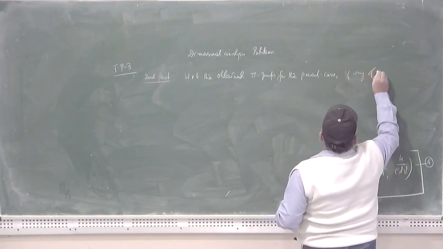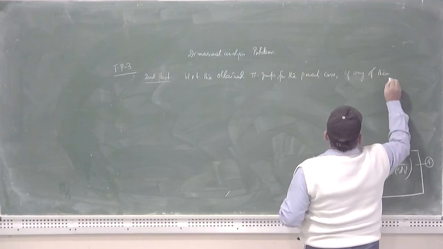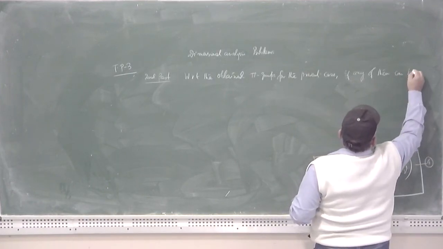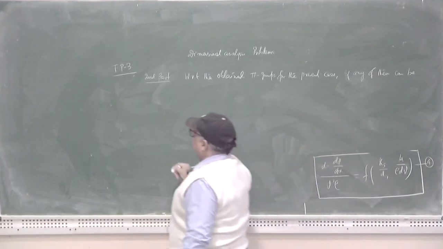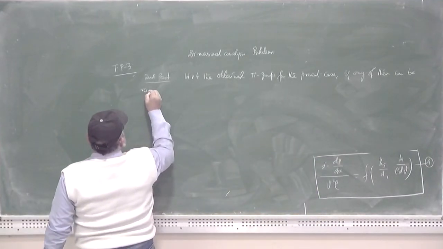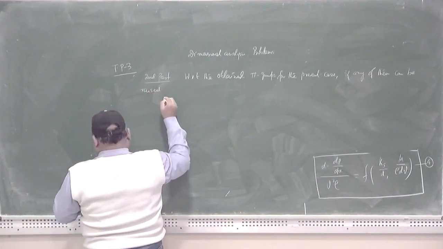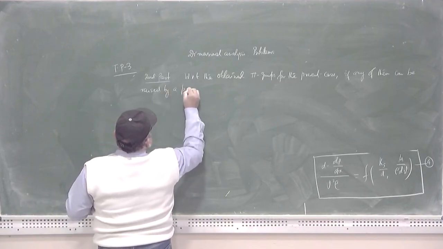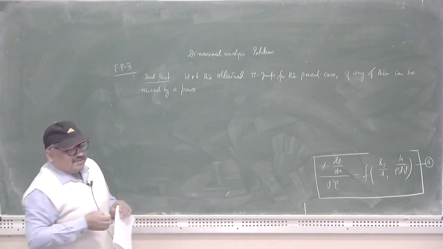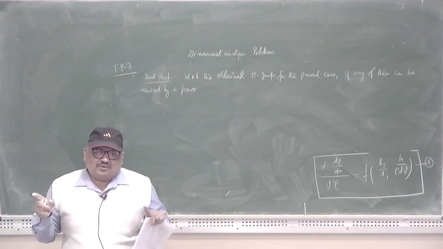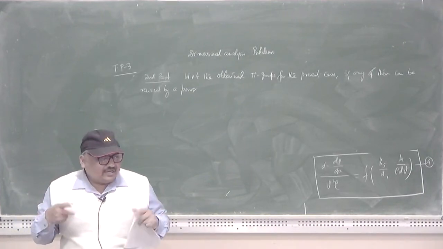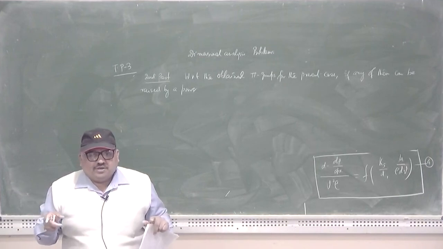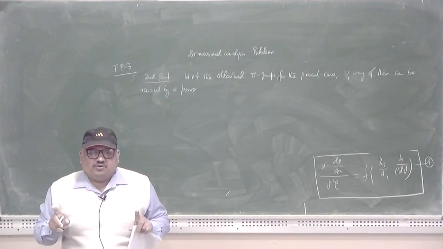if any of them can be raised by a power, that means you raise it to the power minus 1, minus 2, 2, or cube, the very dimensionless group will not change.